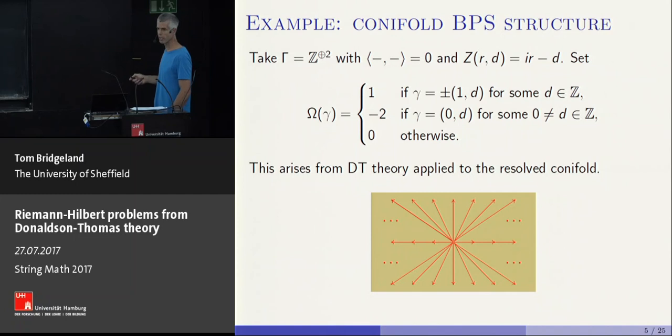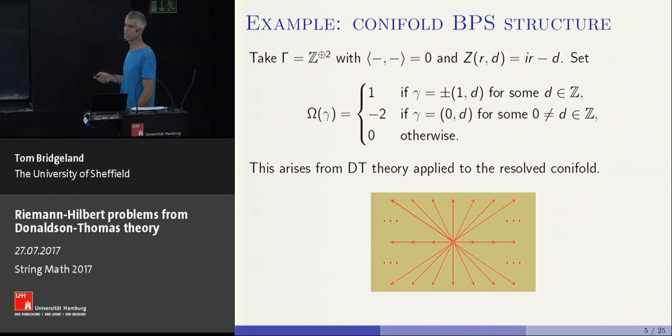And here's the picture that goes with it. More important than the example really is the picture. So what am I drawing here? This is the complex numbers, and I'm drawing Z of gamma, the image of the central charge, applied to every class with non-zero BPS invariant. There are these classes 1, D, and these go along here. And then there are these classes 0, D, and these are going along this axis here.